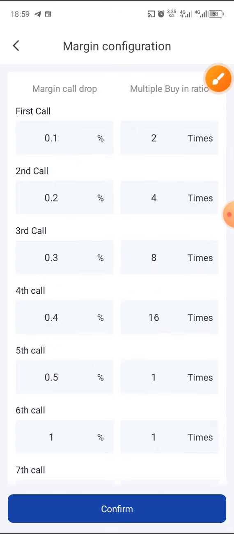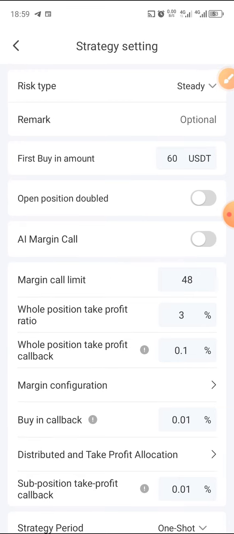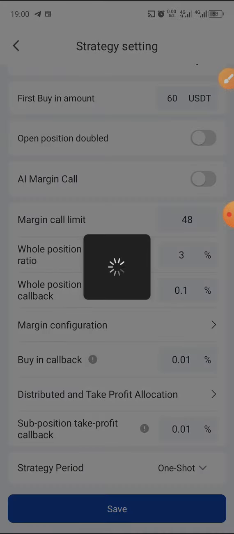So after there, you confirm and save your strategy with the remark or the name you wish to. Then click save.